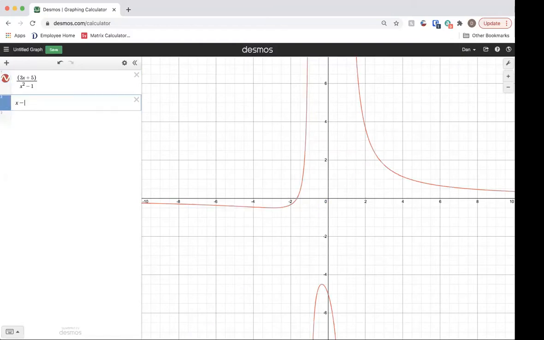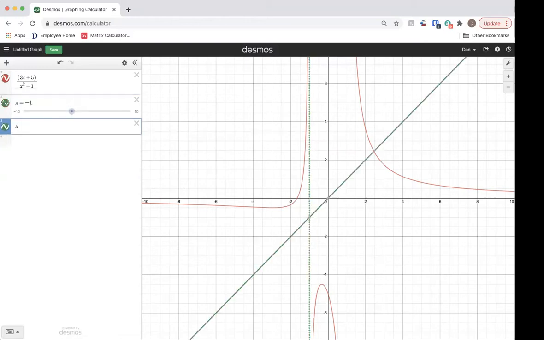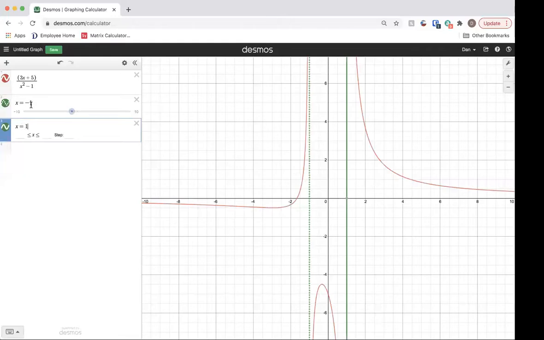So here I'm going to put in the asymptotes so you can see them. It's the line x equals 1. And then we're going to have the line x equals, I'm sorry, I did x equals -1.